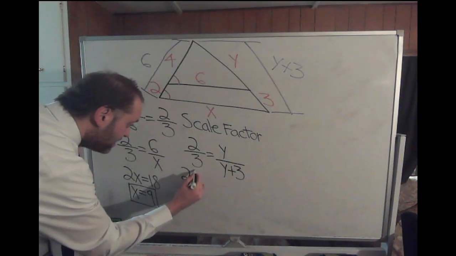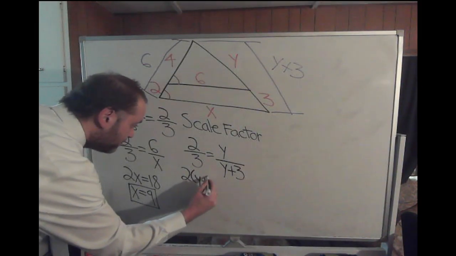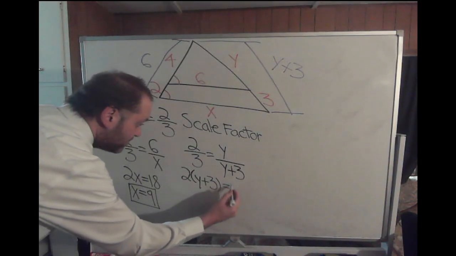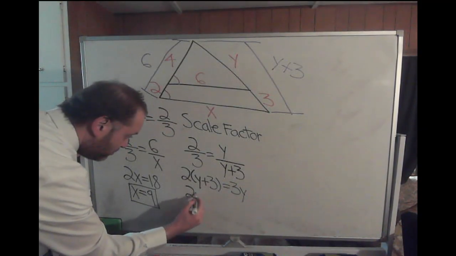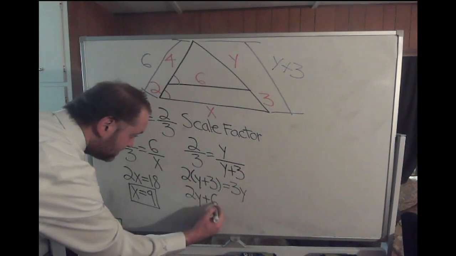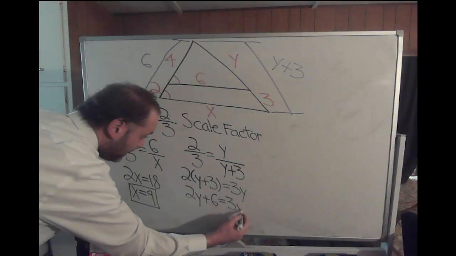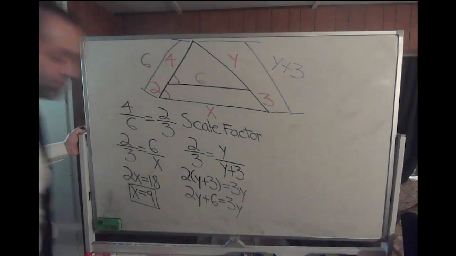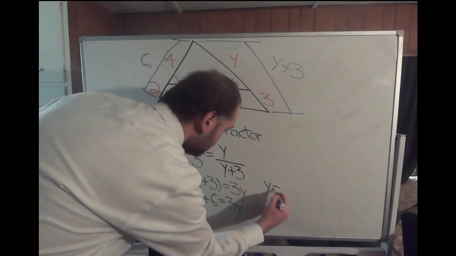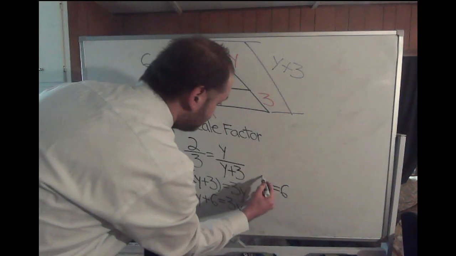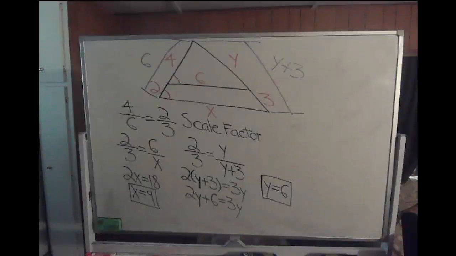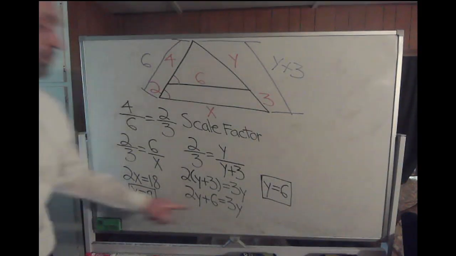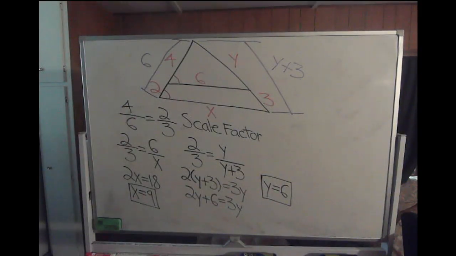You'll have 2 times the quantity y plus 3 equal to 3y, which would then give you that 2y plus 6 is equal to 3y, which could only mean then that y is equal to 6. So the answers you should get are x equals 9 and then y equals 6.